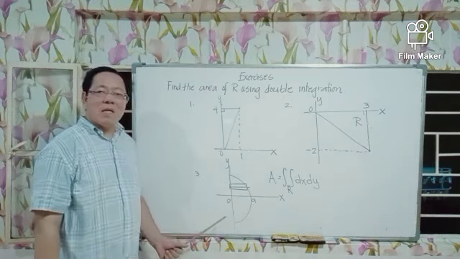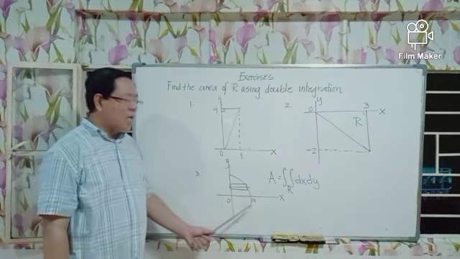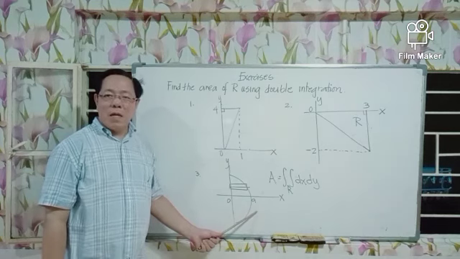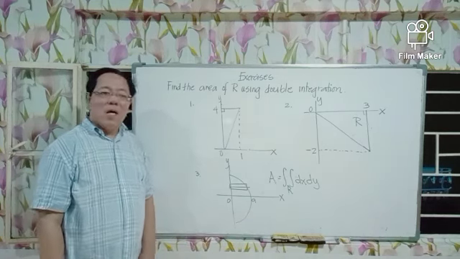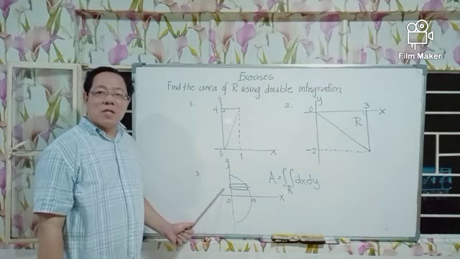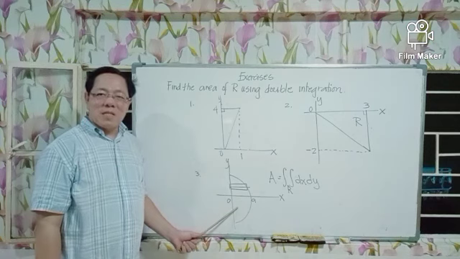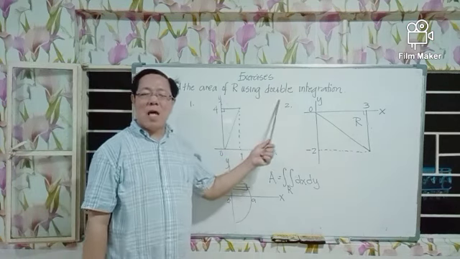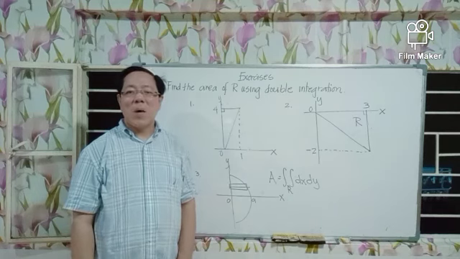And for number 3, this is our example 2, a semicircle with center at the origin and radius a. In our example 2, I made use of a vertical strip. Now you make use of a horizontal strip and find the area of this semicircle using double integration, and you should get 1/2 a squared pi square units.